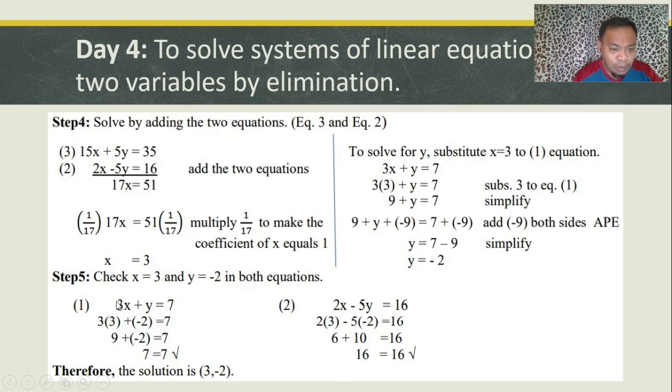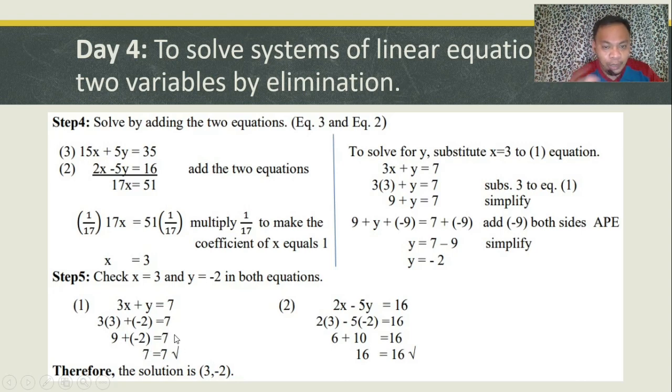So for our equation number 1, 3x plus y is equal to 7, we have now 3 times 3, or x is 3, then plus yung ating y is negative 2, is equal to 7. So 3 times 3 is 9 plus negative 2. 9 plus negative 2 is positive 7, is equal to positive 7. So therefore, tama po yung ginawa natin.